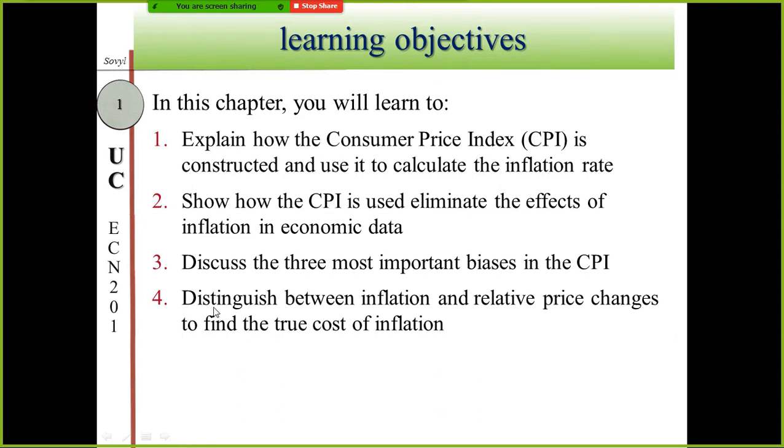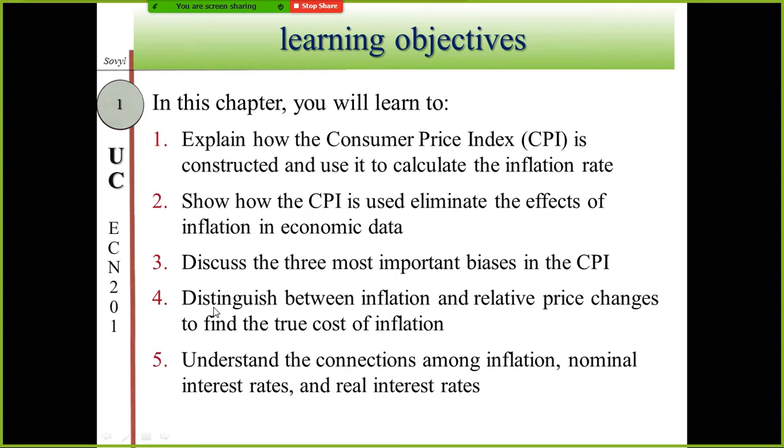So for number 4, we need to understand clearly the difference between inflation and relative price change. If you understand this clearly, you can understand the true cost of inflation.